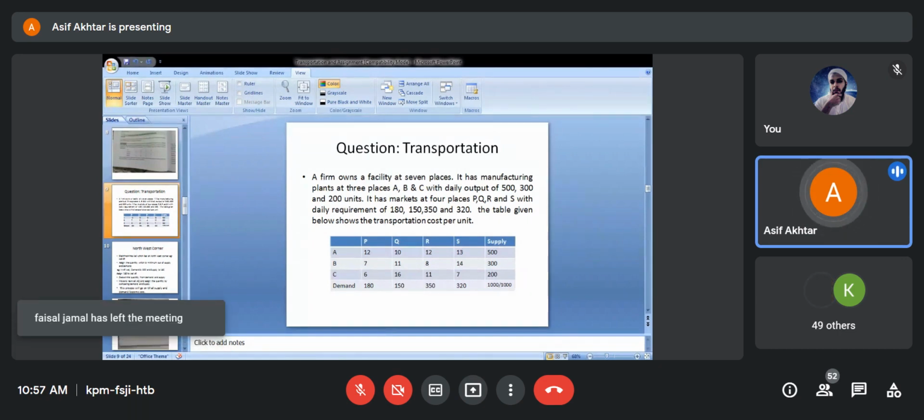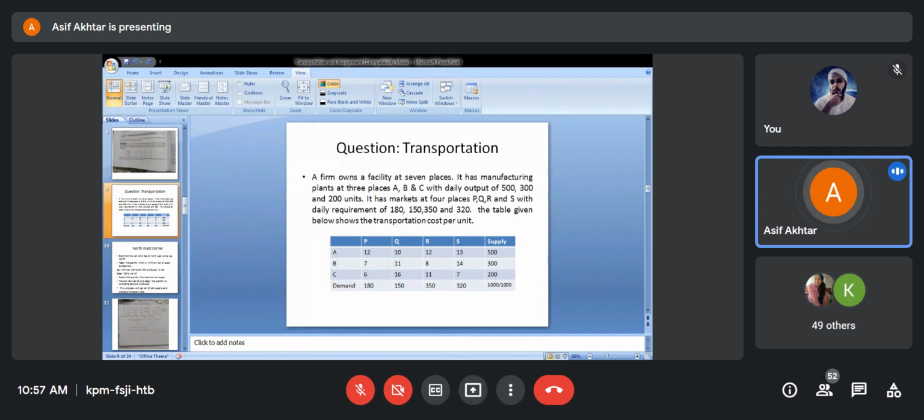Starting cell is the cell, that is the calculation start from the cell which is at the northwest corner direction. So if you see the northwest corner direction, which is that cell? The cell is AP, that is 12. जो cell AP आपको नजर आ रहा है जिसकी वैल्यू है 12, this is the northwest corner cell. So starting of the method is the northwest, and in that method the starting cell is northwest corner cell, that is 12.